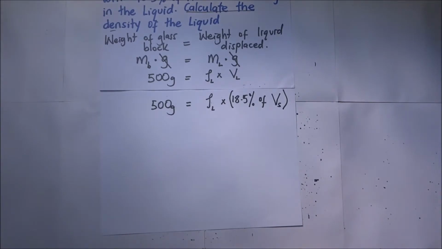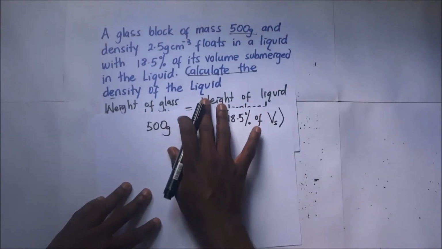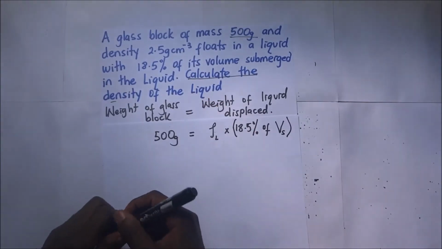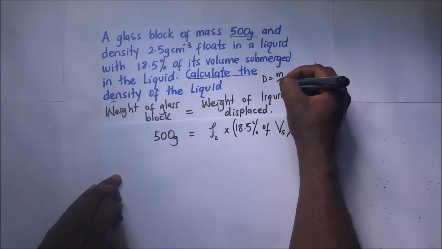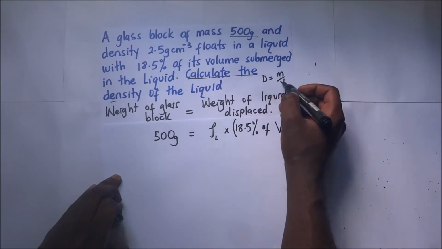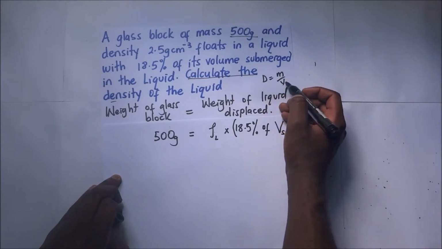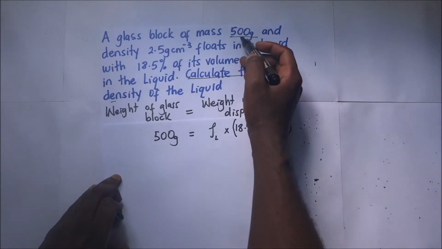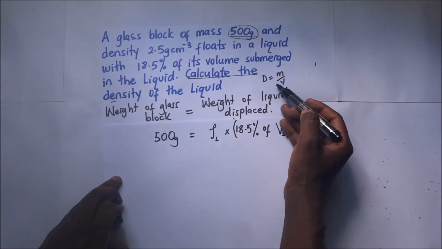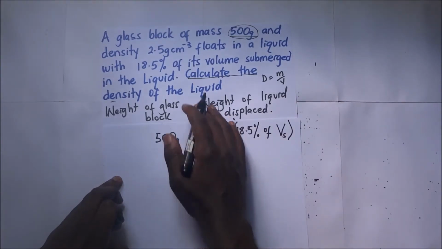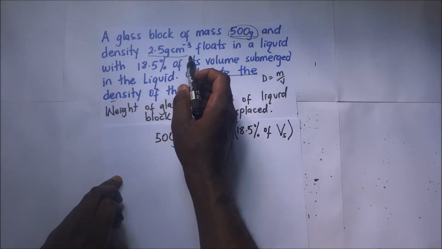We know that the volume of the solid can be gotten from our question. Since density is equal to mass over volume, volume is going to be given by mass over density. We have the mass of the glass block being 500 grams, and we have the density of the glass block, which is 2.5 grams per centimeter cubed.